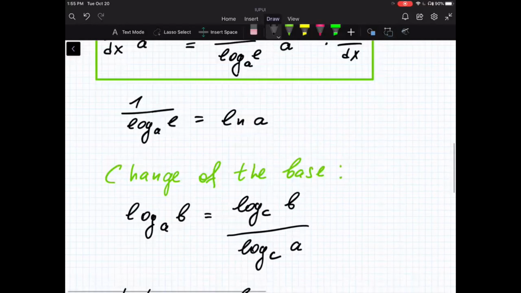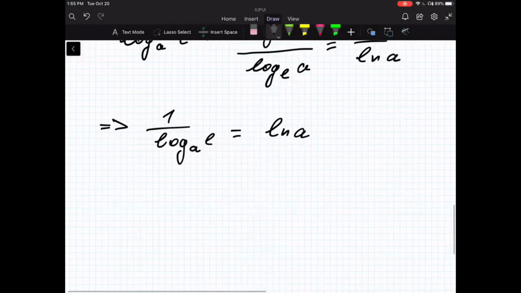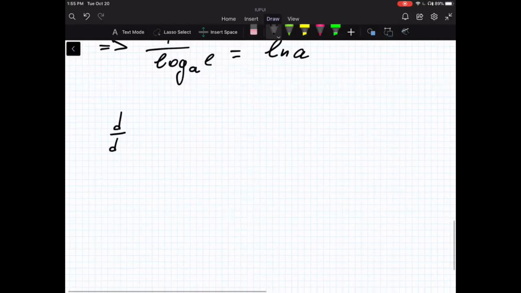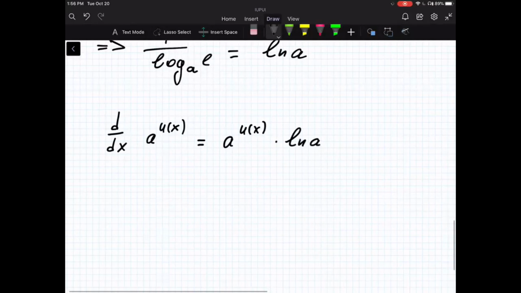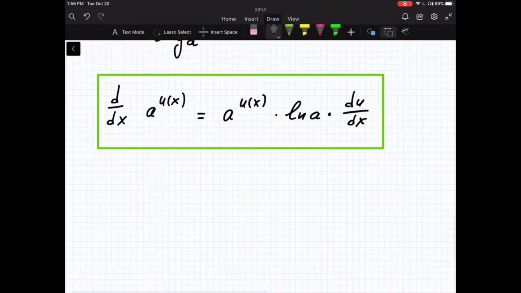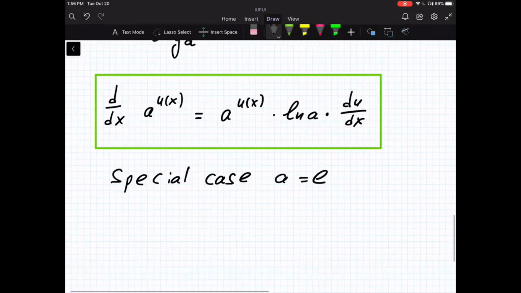And coming back to the formula that we derived, we see that we can write it in the following way. d over dx of a to some power u of x is equal to a to the same power times the natural logarithm of a times the derivative of that function. And in the special case when a is equal to e, what do we get?